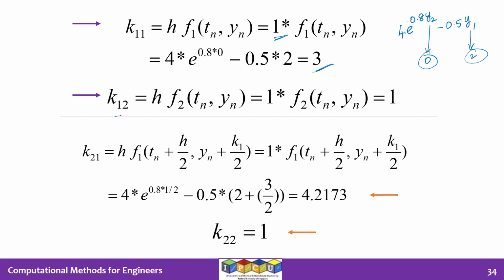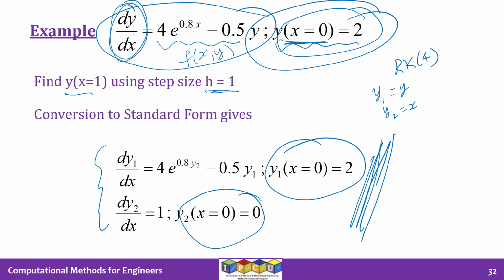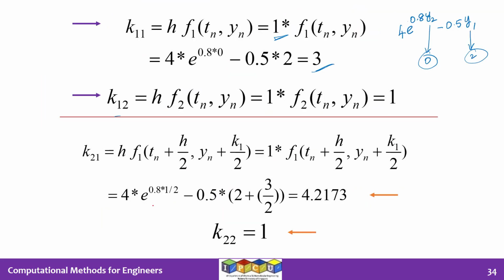And K12 is h multiplied by f2 evaluated at tn, yn. But f2 is always 1 in this particular problem. Look at this: f2, which is the right hand side of dy2 by dx, is always 1. And therefore, f2 is 1. So K12 is just going to be h, and h is 1 in this case. So K12 is equal to 1.